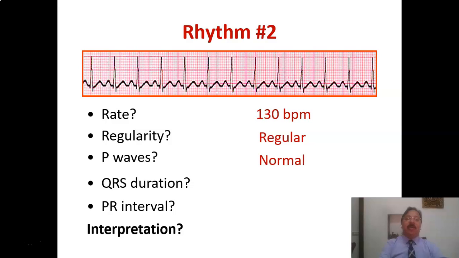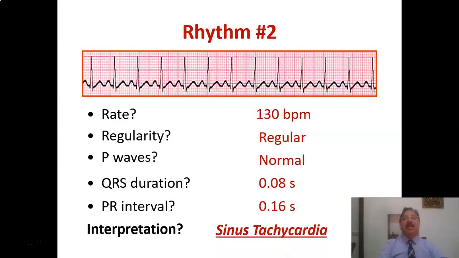Normal P wave with 1:1 ratio. QRS duration, narrow or wide? Narrow, 0.08 second. PR interval, normal or prolonged? It's normal, 0.16 second. So your interpretation, this is sinus tachycardia. Whenever you see a P wave, you have to affix the term sinus and then according to the heart rate, sinus tachycardia.